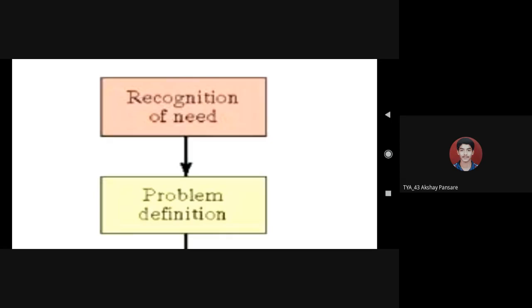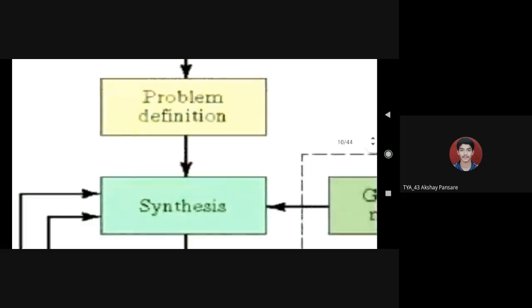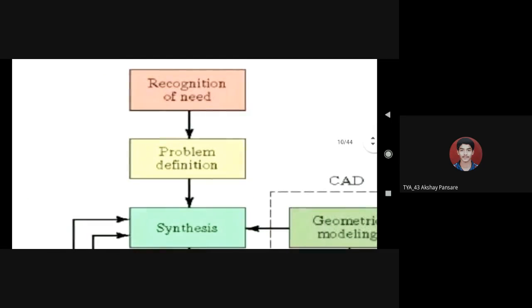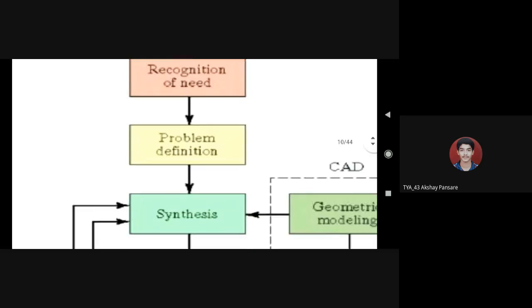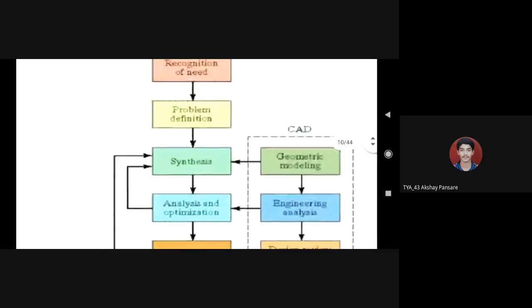Now, recognition of need; second is problem definition. Whenever we get the problem, first of all we have to find out, we have to search what that problem actually is. Problem definition, or explanation of that problem, is very important. Next step is synthesis: any additional material or sources required to fulfill that idea and procedure.